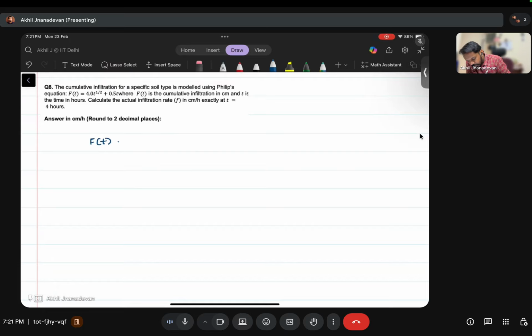F of t is equal to 4t raised to half plus 0.5t. So this is the equation for infiltration depth.